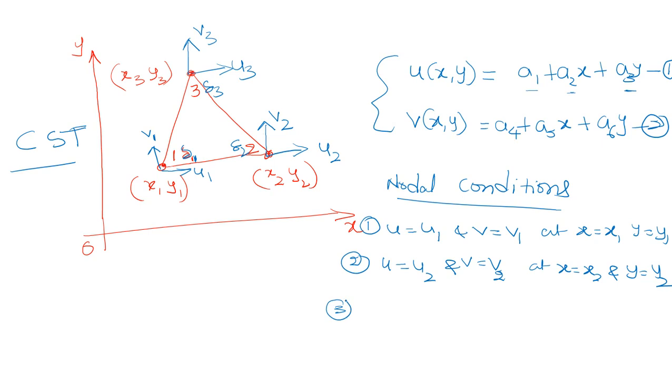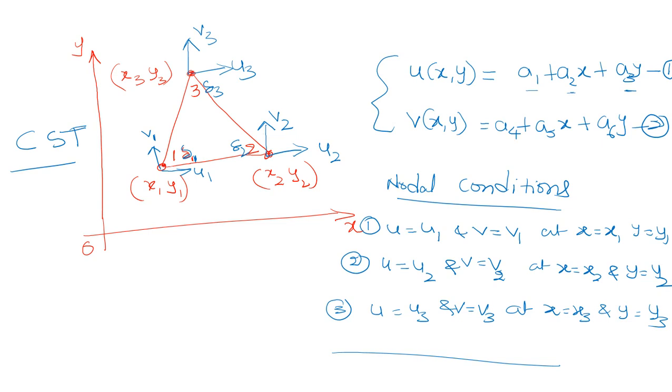Similarly at node 3, u is equal to u3 and v is equal to v3, at x equal to x3 and y equal to y3. These are the nodal conditions.